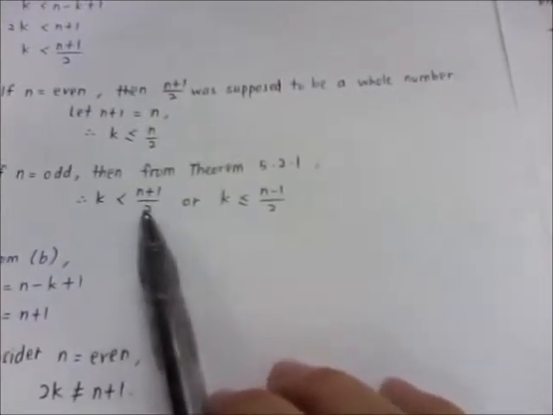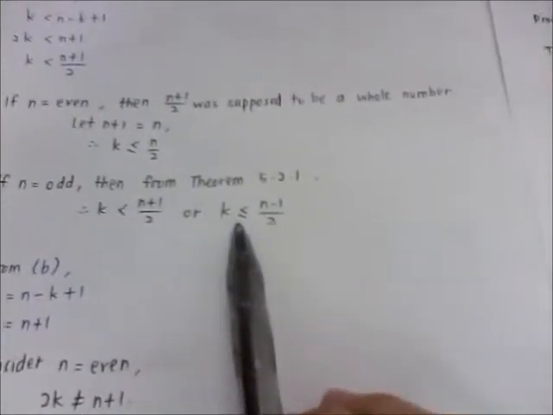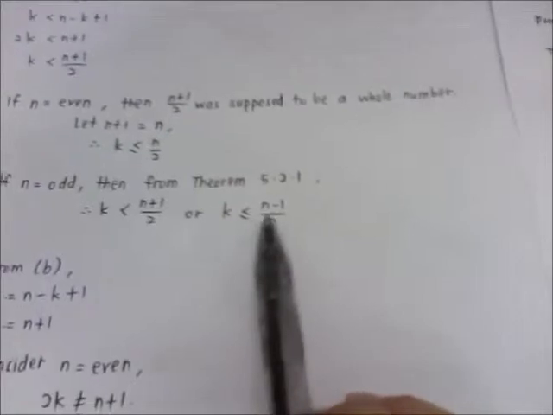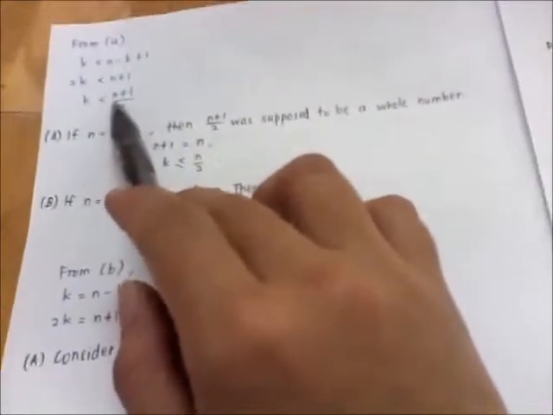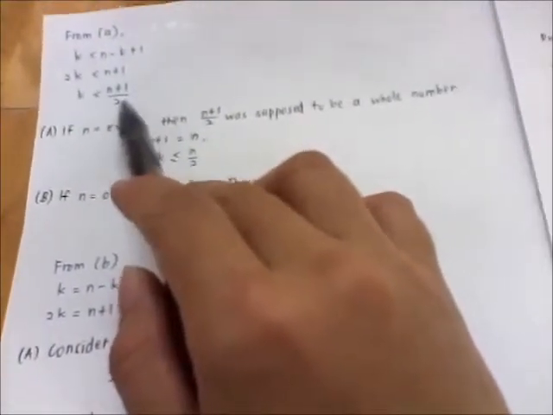Okay, so you can see it here. I wrote it down here. K is less than n plus 1 over 2, or k is less than or equal to n minus 1 over 2. This is from theorem 5.2.1. Okay, this is only for the first situation where k is smaller than n plus 1 over 2.